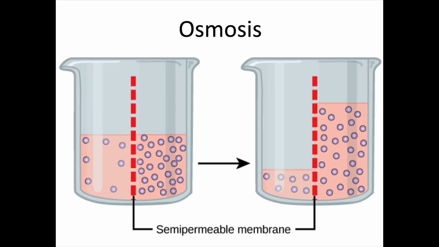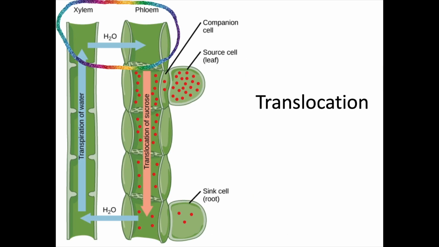Here's another blast from the past from BISC1323. Osmosis is defined in the key terms as the movement of water through a semi-permeable membrane from an area of low solute concentration to an area of higher solute concentration. Well, as it turns out, xylem doesn't have a whole lot of solutes in it.